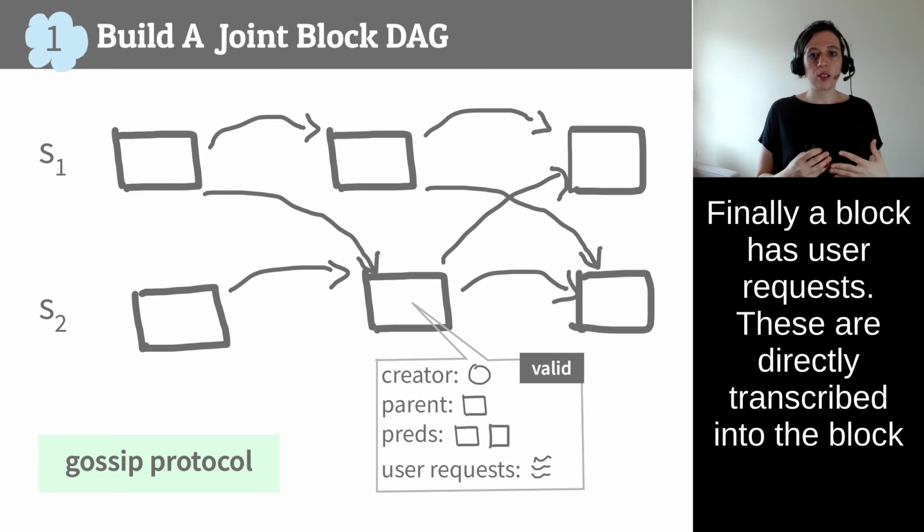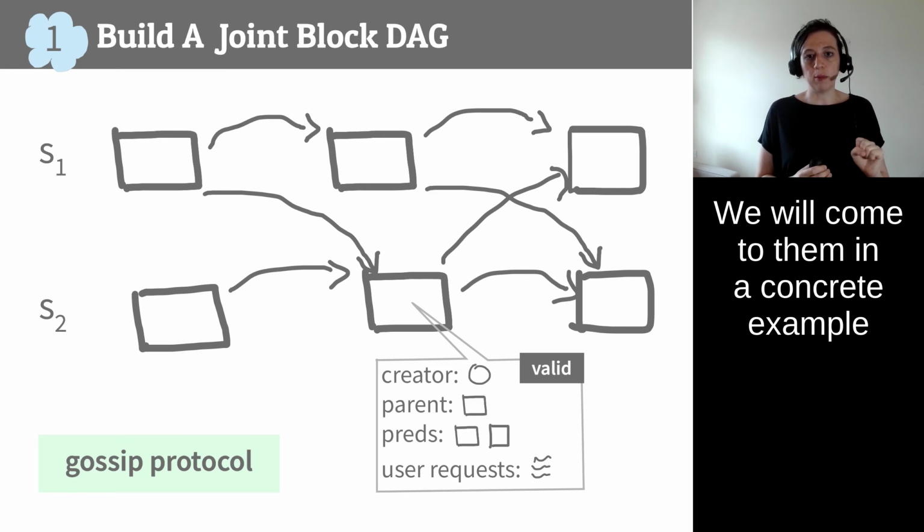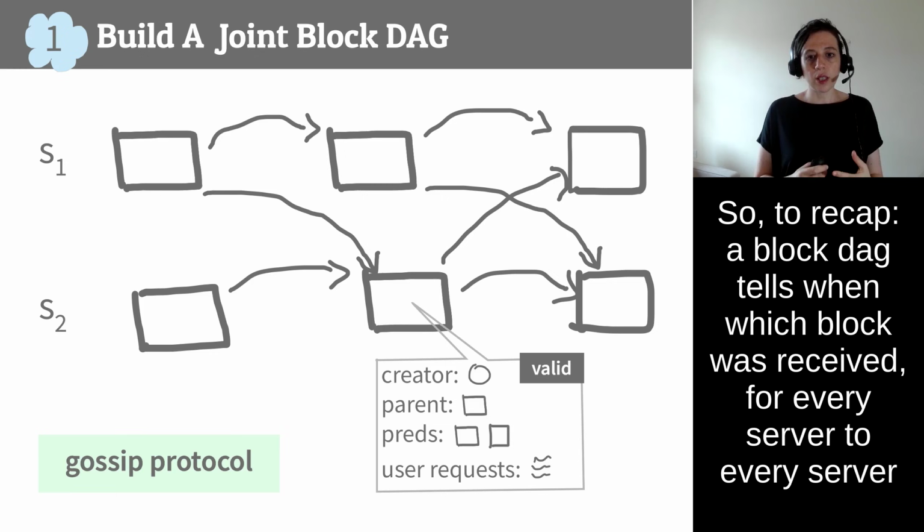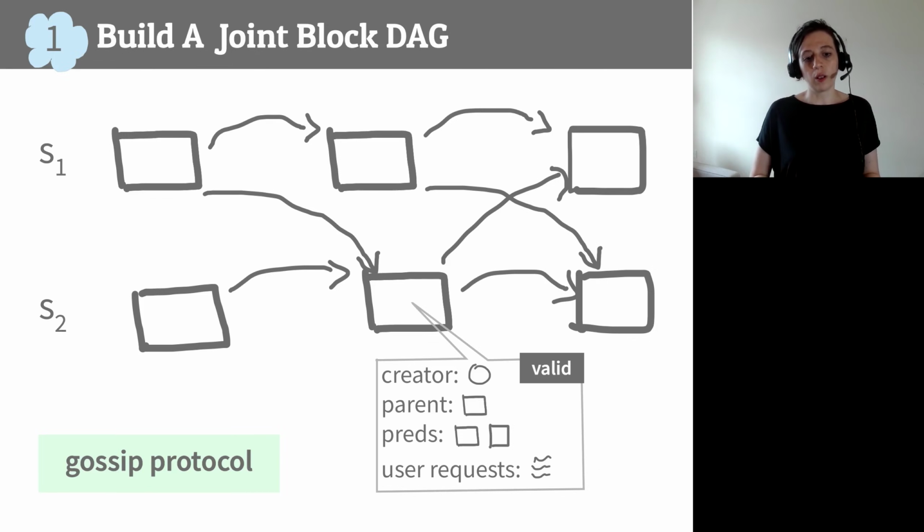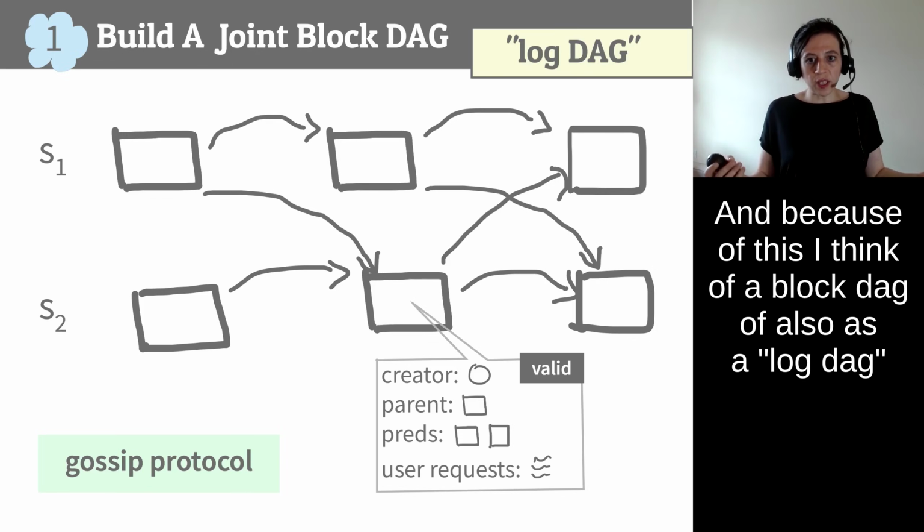Finally, a block has user requests. These are directly written into the block. We will come to them in a concrete example. So, to recap, a block DAG tells when which block was received by every server. And because of this, I think of a block DAG also as a log DAG.